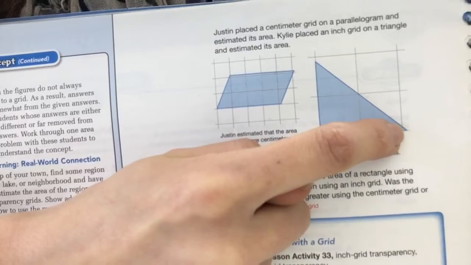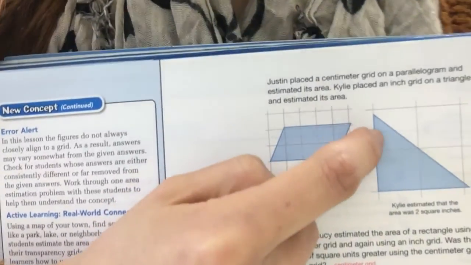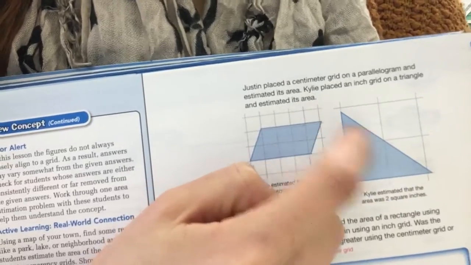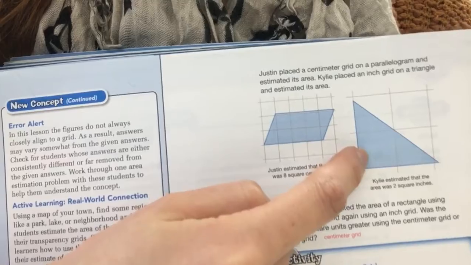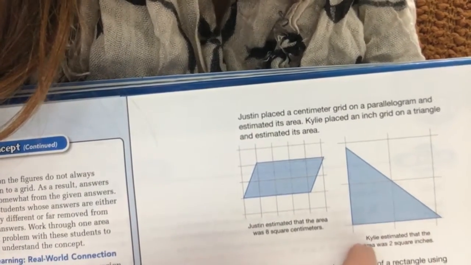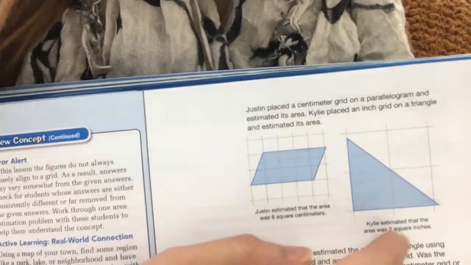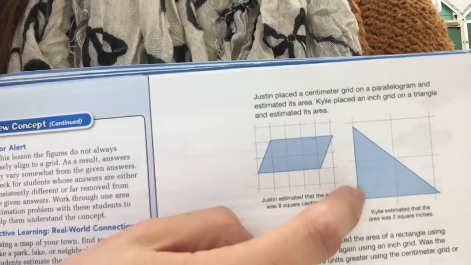A half plus a half would be 1, right? So then 1 plus the 1 would be 2. That's right. So Kylie estimated that the area was 2 square inches. So that picture there, we know, is 2 square inches.